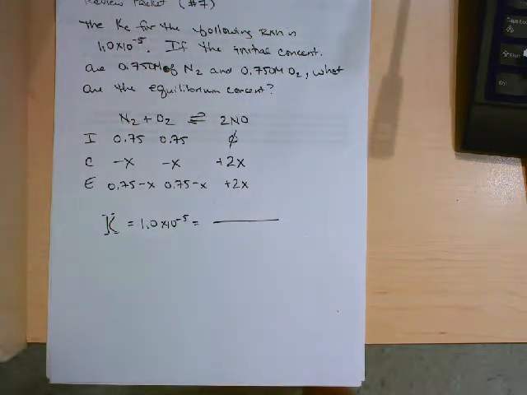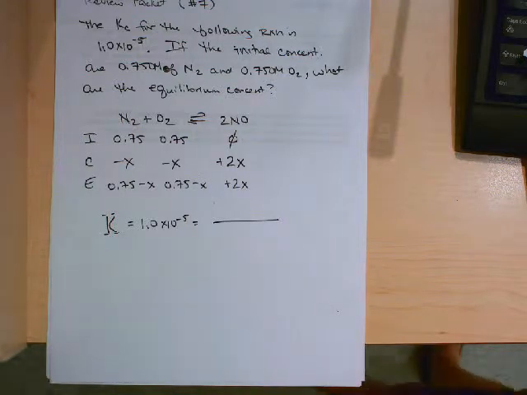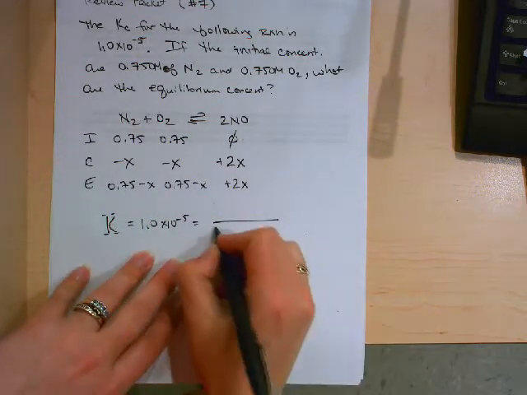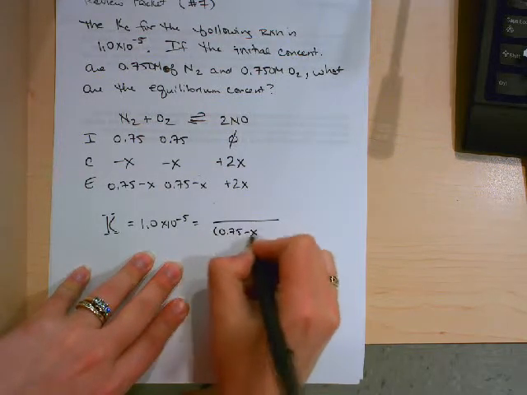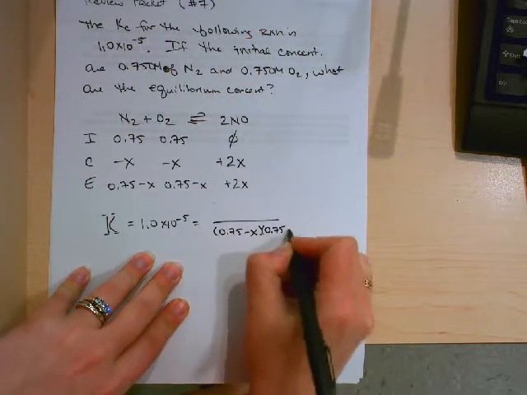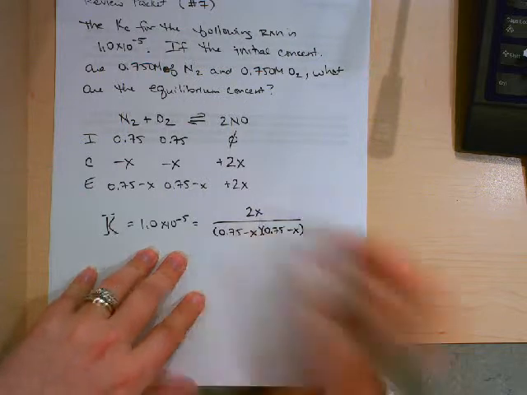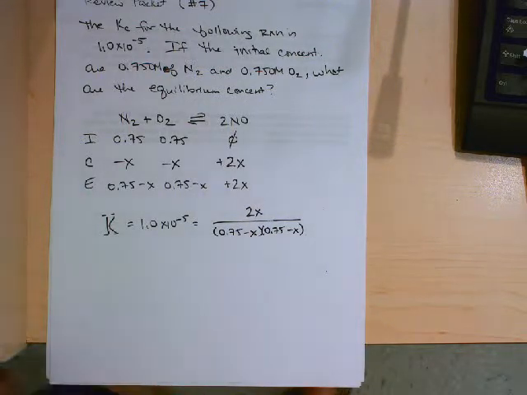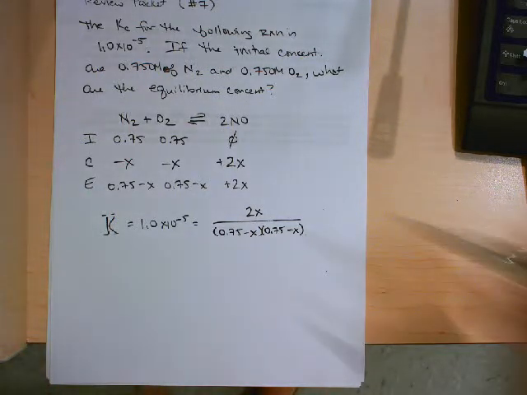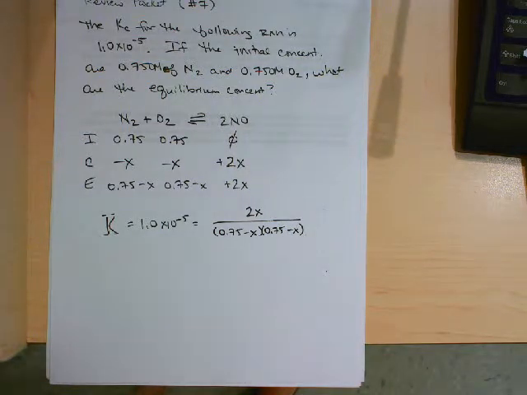So what do I put on the denominator of my fraction? 0.75 minus x, 0.75 minus x. What do I put on the top? 2x, squared. Why is it squared? Because I have 2 products.